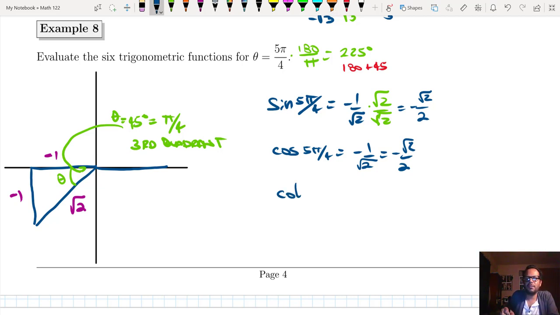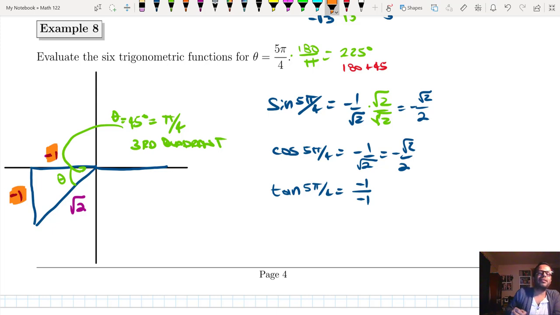Not cotangent yet, moving ahead, it's tangent. Tangent of 5 pi over 4, that's opposite over adjacent, which equals, dividing negative 1 by negative 1, we get positive 1.